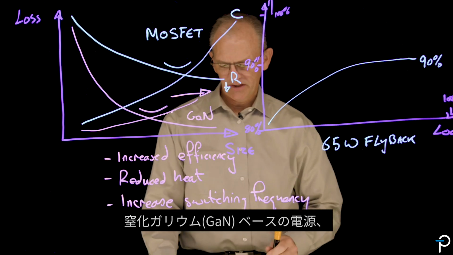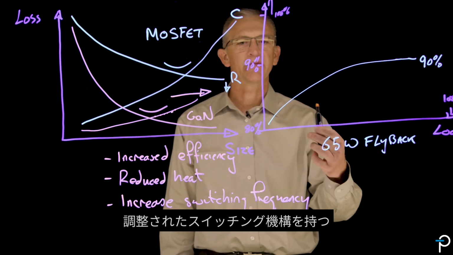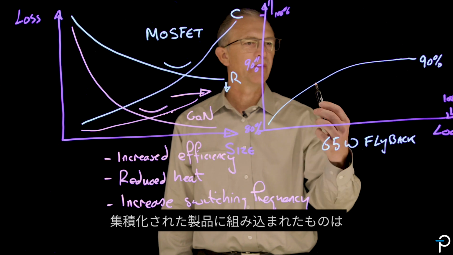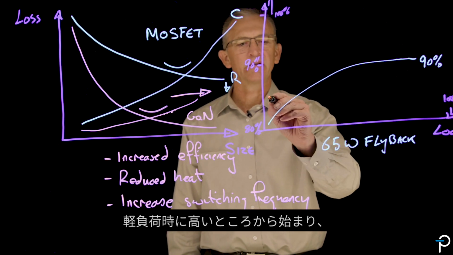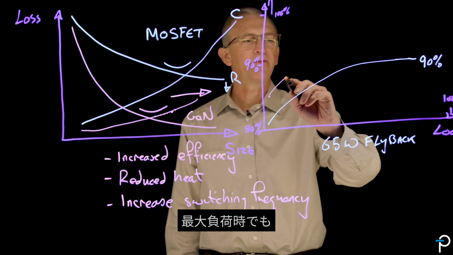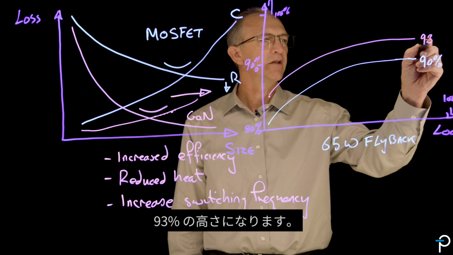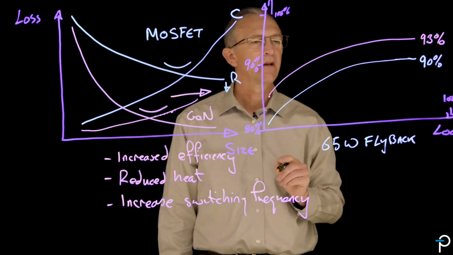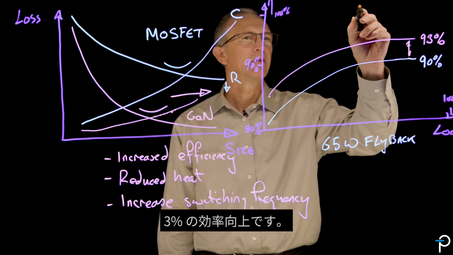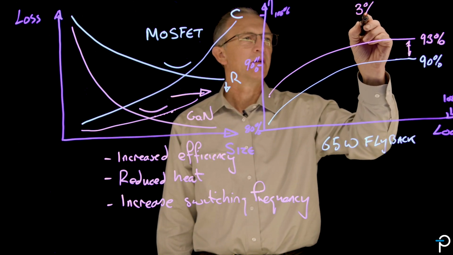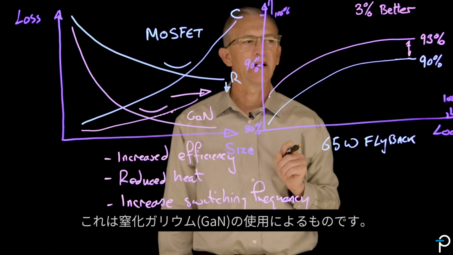A gallium nitride based power supply, particularly one that's mounted inside an InnoSwitch product that has a tuned switching mechanism, is going to start off higher in the light load, and in the full load, it's also going to be higher, as high as 93%. So what we're looking at here is a 3% improvement in efficiency, just due to the use of gallium nitride.